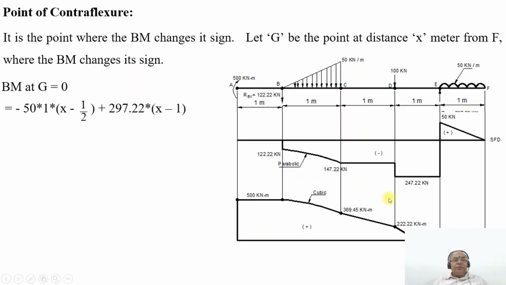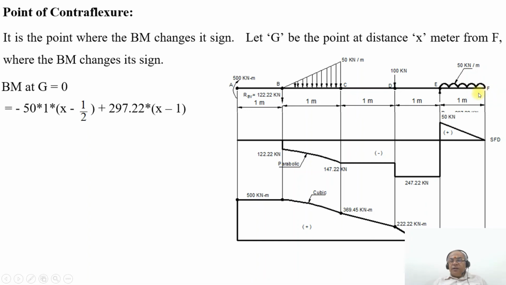That will be equal to minus 50 into 1 into x minus 1 by 2, because the total distance is x. What I want is the 50 into 1, that is the UDL for the entire span, into the distance from the midpoint of this UDL to this point. So 50 into 1 into what is the distance from F to the midpoint?